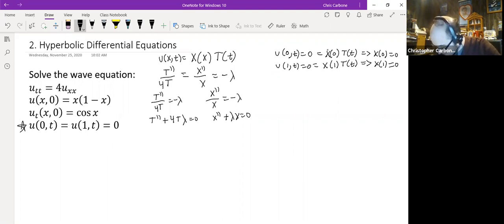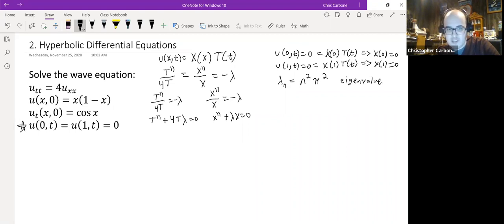So based on that, solving this X equation here, we could obtain our eigenvalue lambda sub n is equal to n squared times pi squared. So this is our eigenvalue.